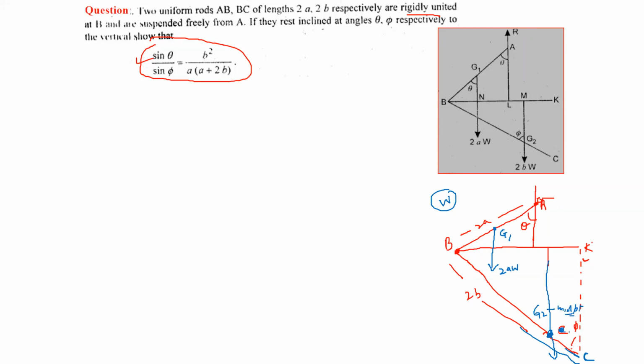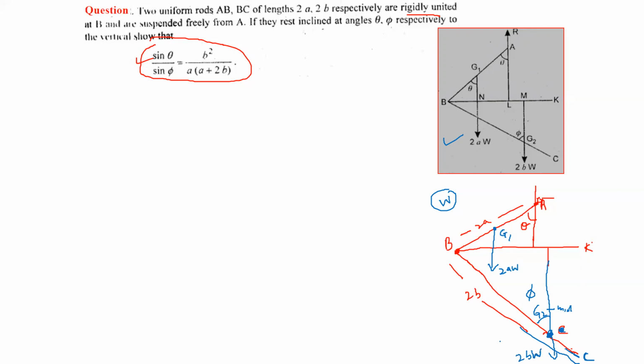The angle phi is with the vertical, and the same angle is this one, since these are corresponding angles. In the final diagram we have just removed this side and shown the angle phi here. You can see now in the diagram, this is the final diagram, and this weight is 2bW.